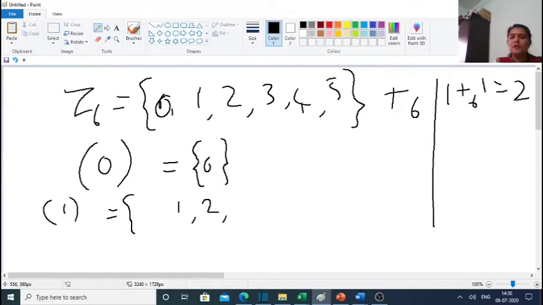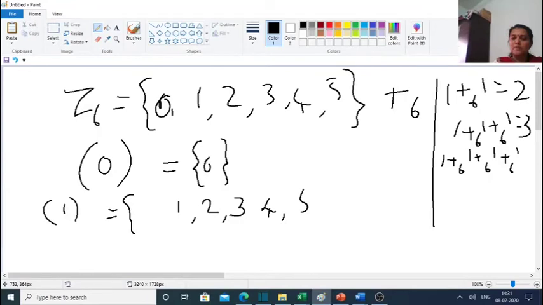Then 1 addition modulo 6 1 addition modulo 6 1 is equal to 3. Then 4, next it will be 5, and next again it is 0. So this is the answer.